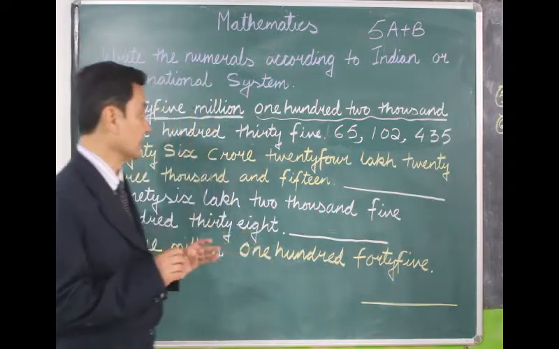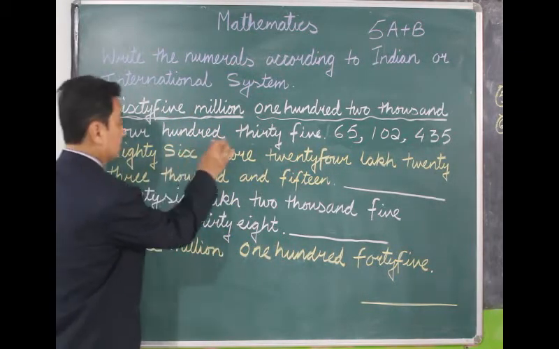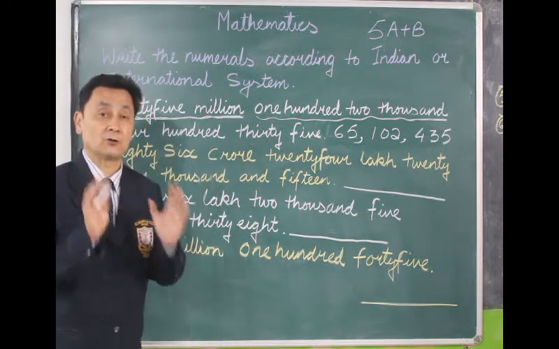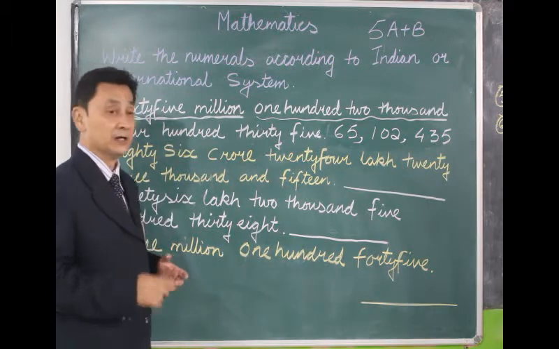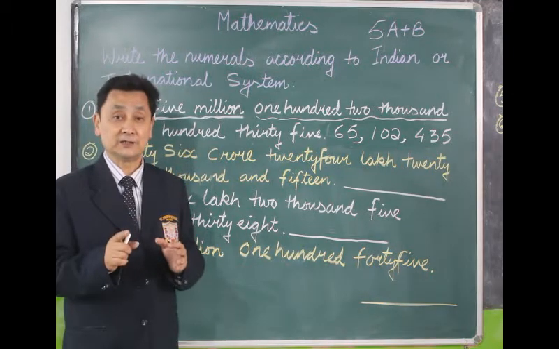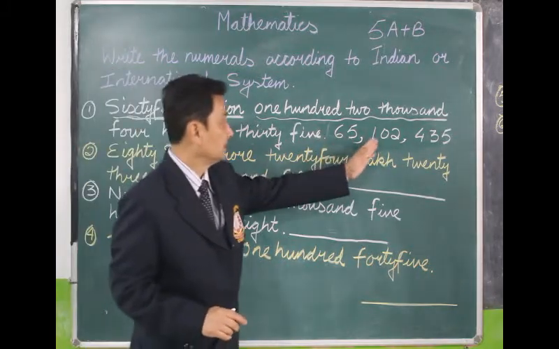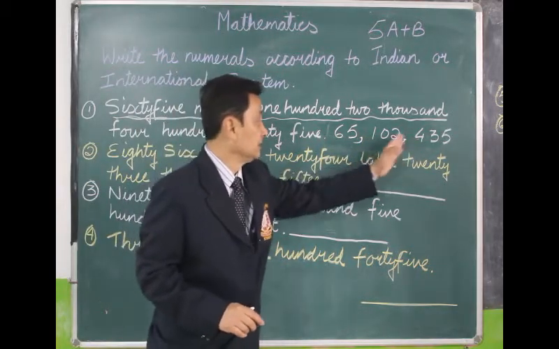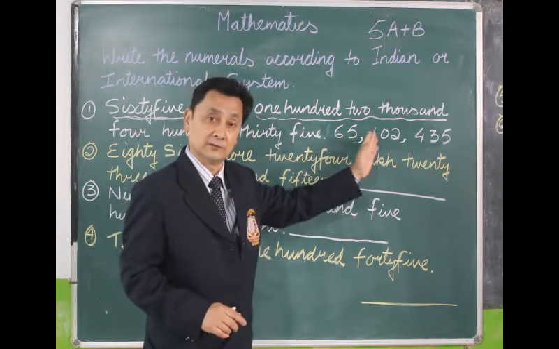Let's try another one. Let's not put the place value down. It says 86 crore. As you read the word crore, it's the Indian system. Remember, Indian system is divided into 3, 2, 2, 2. Over here it was international, so 3, 3, 3.